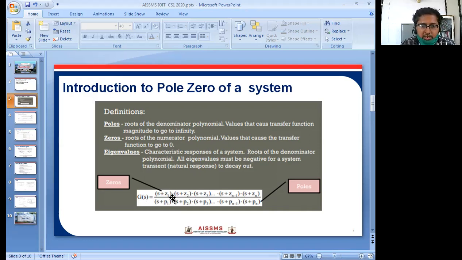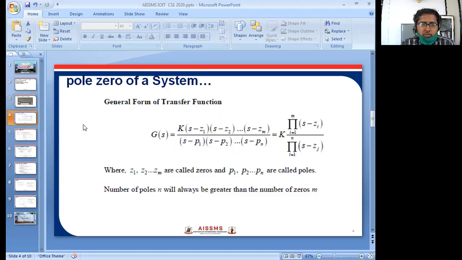(s plus z1) multiplied by (s plus z2) and so on up to (s plus zn), divided by (s plus p1)(s plus p2)(s plus p3). So any system can have a numerator and a denominator. The denominator roots are represented as poles and the numerator roots are represented as zeros.